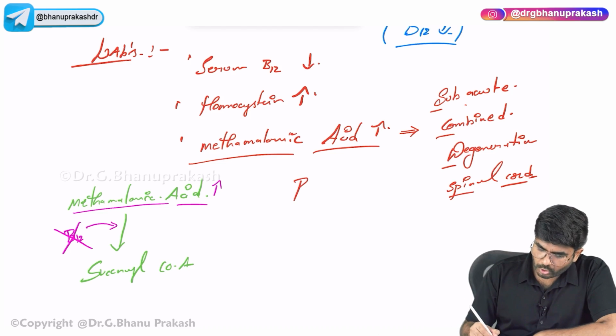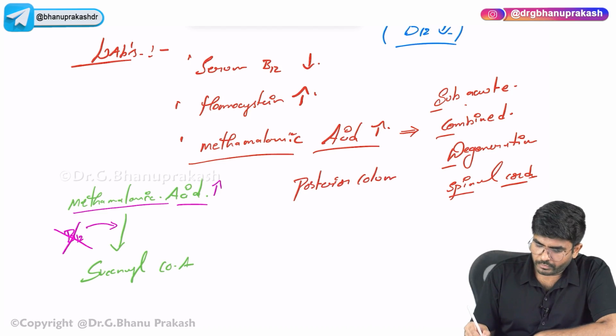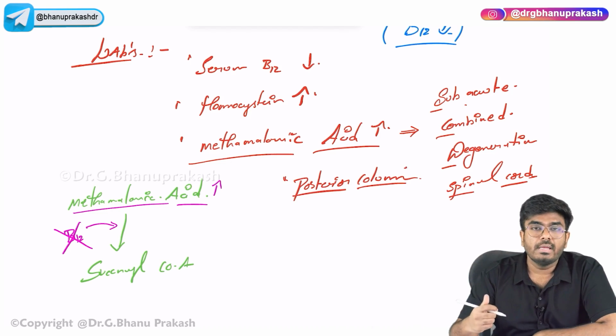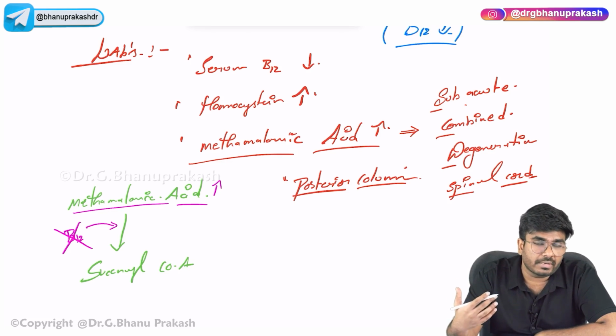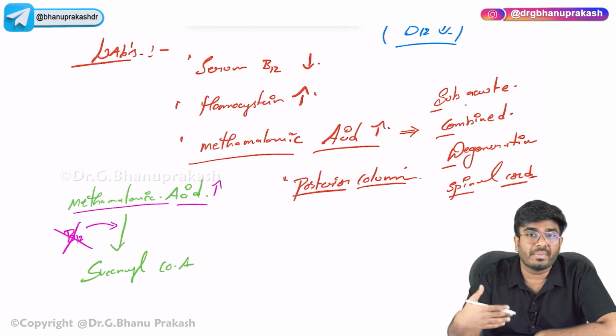Mainly the posterior column, we know it, right? In the posterior column of the spinal cord, the fine touch, vibration, and proprioception information is going. The advanced sensations are going in the posterior column.